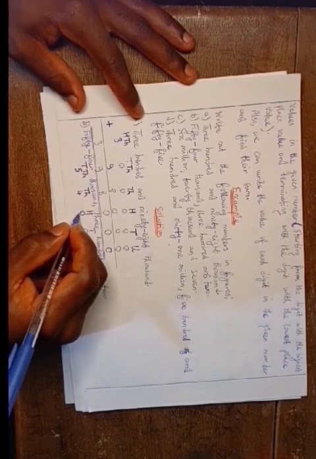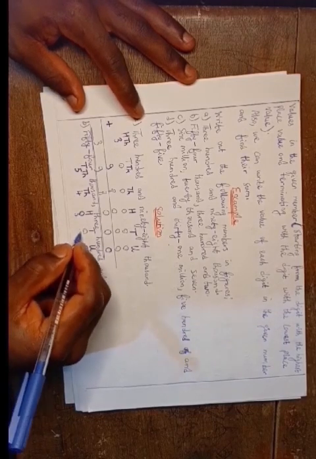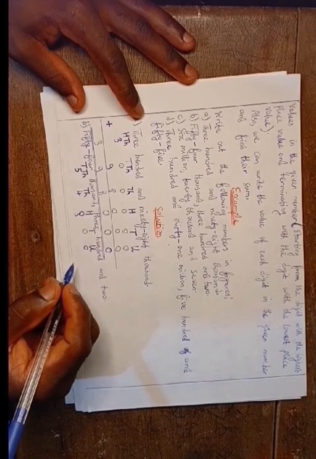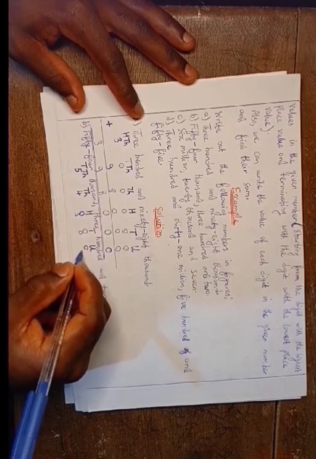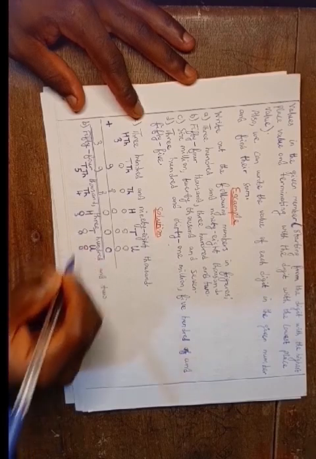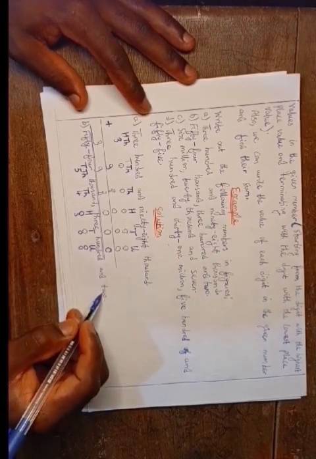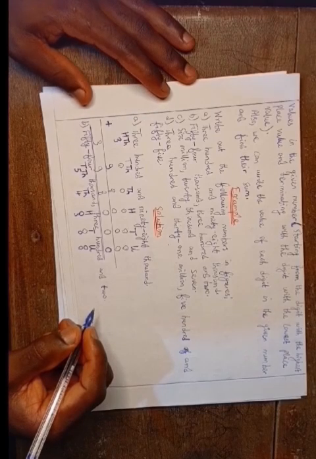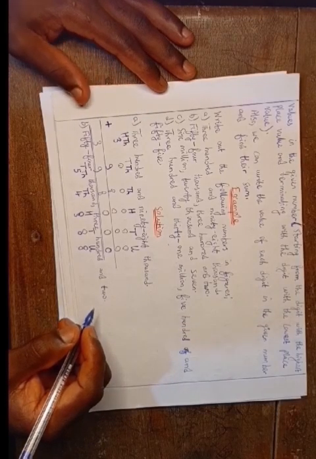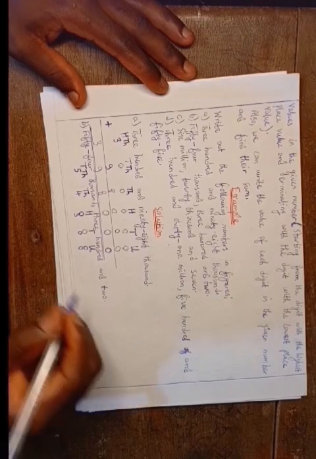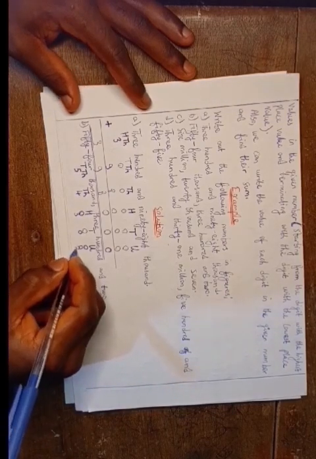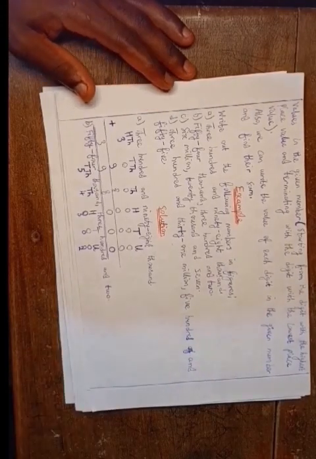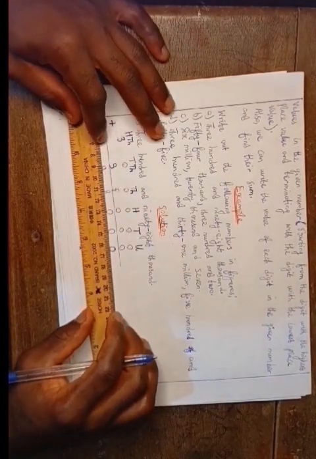We write 3 there. Then under the other place values, tens and units, we write zeros. And 2. The 2 here simply stands for 2 groups of ones. So we are going to write down 2 under units. Then we rule our horizontal line.